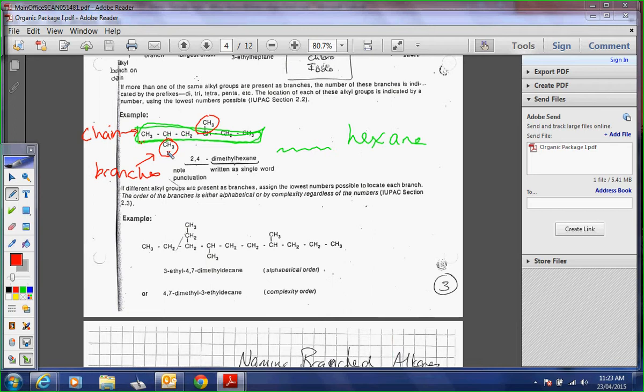Meth, right? Meth. But it's not an alkane, it's a charm. It's not the trunk of the tree, it's a branch. So I can't end it in ane. You end these branches with a YL.